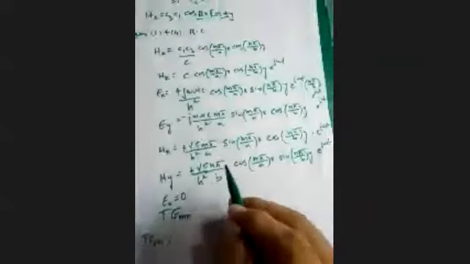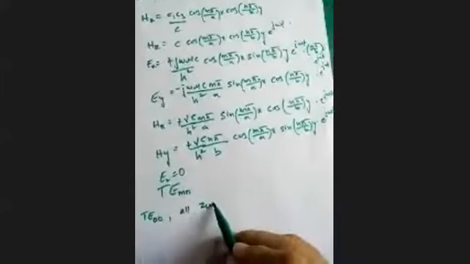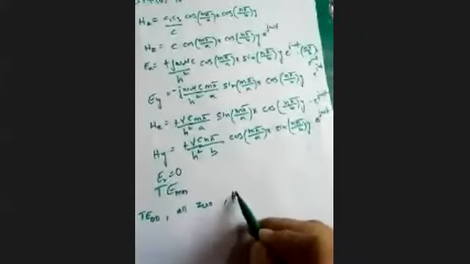If both are 0, Hz exists as such, no issue with Hz. But when it comes to other field components, there is either an n or an m in each term. So if both m and n are 0, you're going to have all components zero except Hz, right?